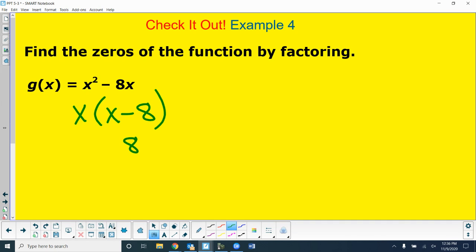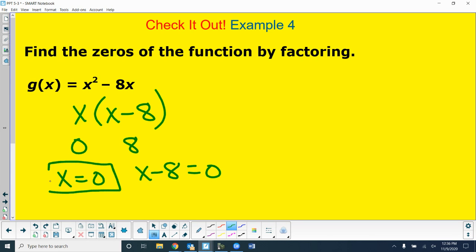Robert? 0. That's right. What are you supposed to do with the factors? Set them equal to 0. So you would write this, and you would write this. What's that saying? X equals 0. Okay. You gotta be smarter than that.